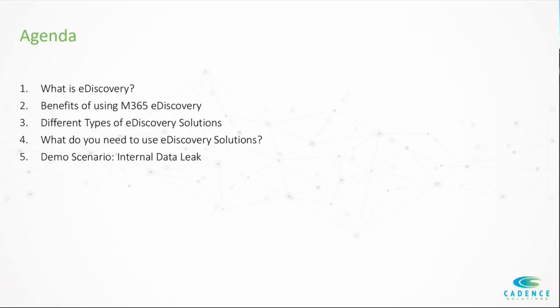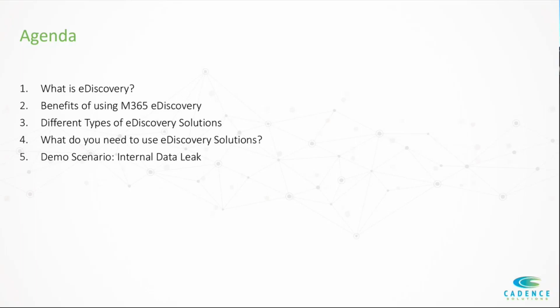So the agenda for today is we will first go over what eDiscovery is and what it is used for. We are also going to discuss the benefits of using eDiscovery in your organization. After covering what it is and what its benefits are, we are going to discuss the different types of eDiscovery solutions that are offered by Microsoft Purview.